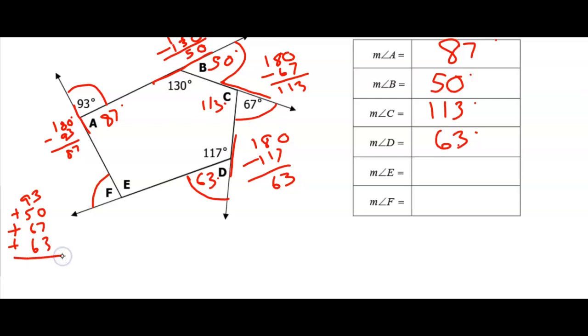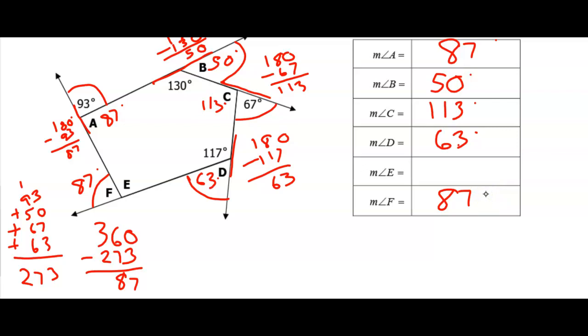Adding the 4 that I know, I get 273. Then we subtract that from the total, 360. We get 87. So this outside F angle is 87 degrees. And then to figure out E, again, straight line is 180. 180 minus 87 is 93 degrees.